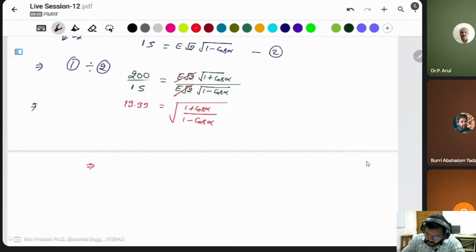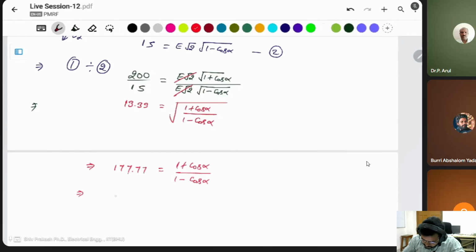Here you can square both sides. This will be 177.77 equals 1 plus cos alpha divided by 1 minus cos alpha.